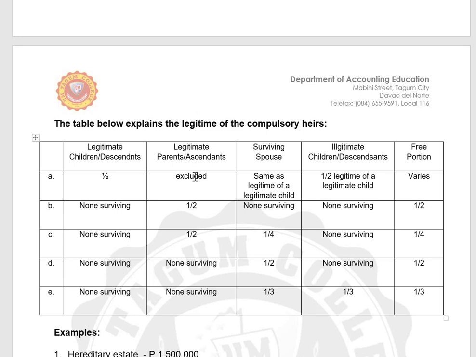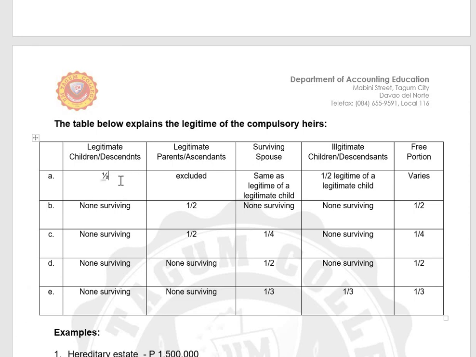Then even if may parents or ascendants, excluded siya sa legitime. Okay. And then yung surviving spouse is same as the legitime of a legitimate child. Okay? And then, yung illegitimate is 1/2 of the legitime of a legitimate child. Okay?